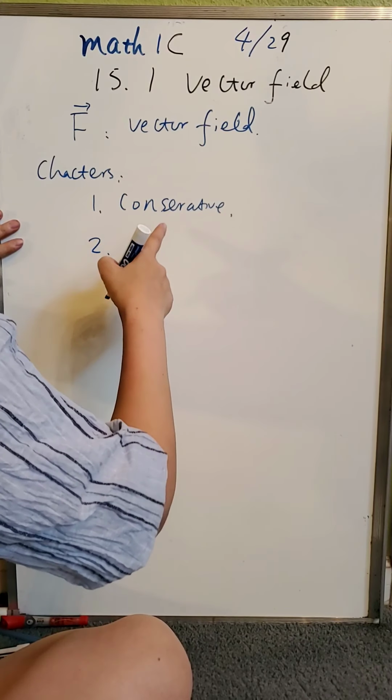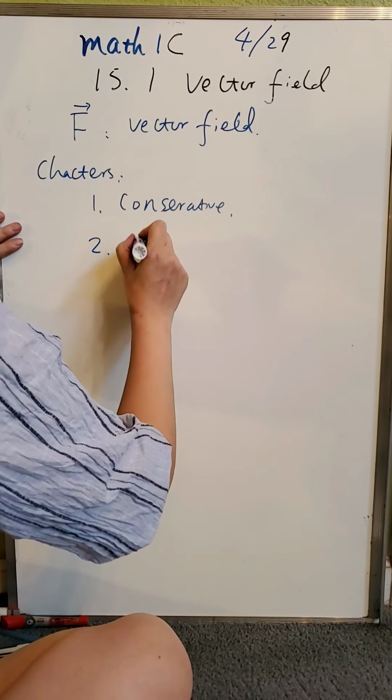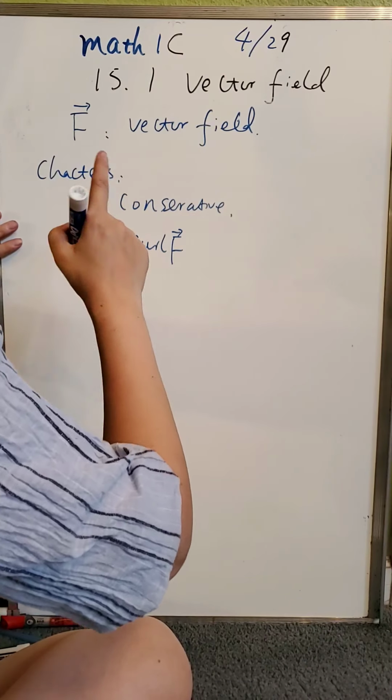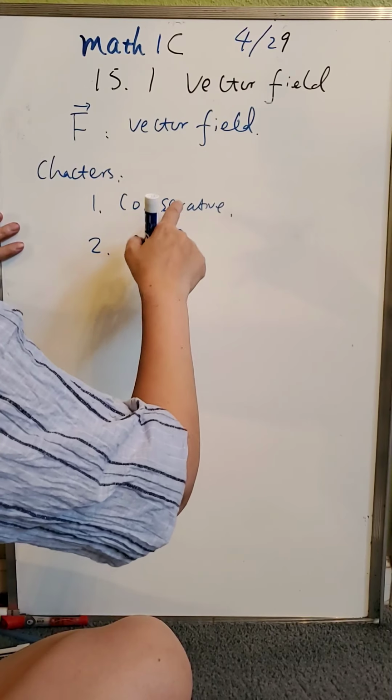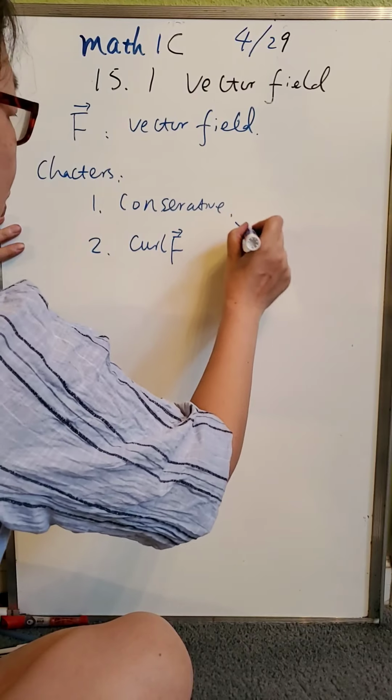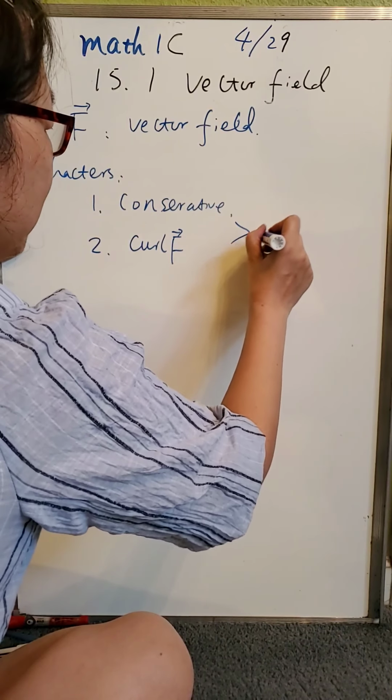Number 2, which I talked about today, is curl. Curl and conservative are not friends. If it's conservative, there's no curl. If there's curl, it's not conservative. These two do not exist at the same time.